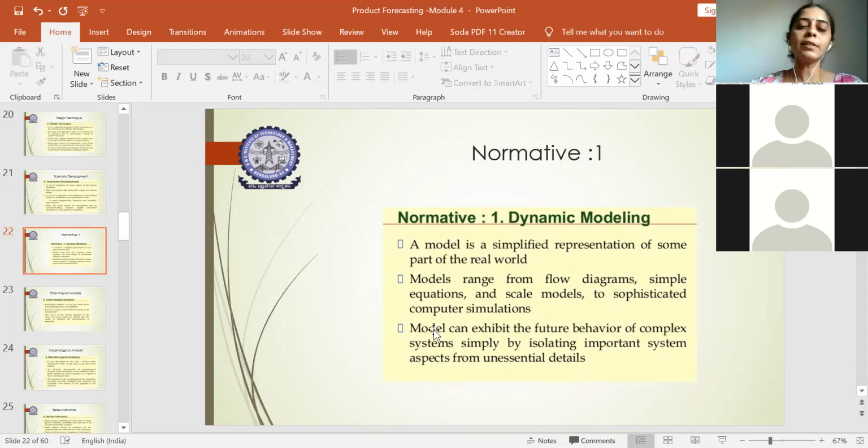So you'll isolate the important system and again simulate and check the other unessential details in the equation, to see how they affect the future behavior of our product. That also will be identified by dynamic modeling. So these are the things which will be done with respect to dynamic modeling.